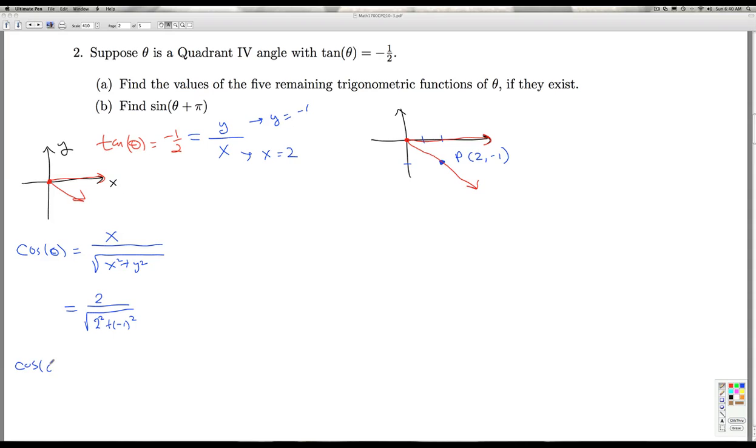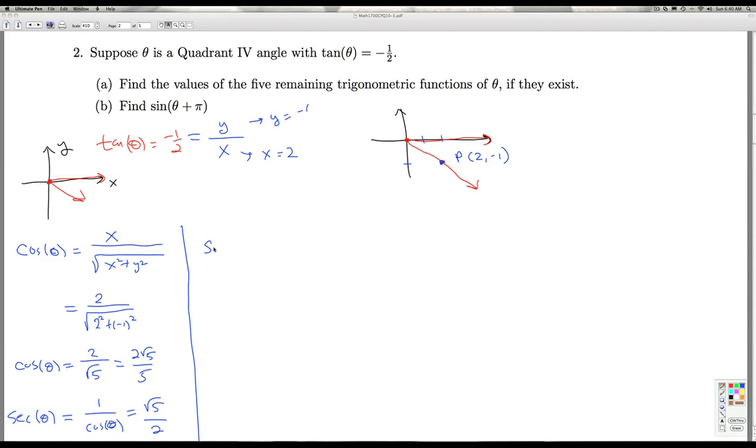This gives me the cosine of theta is 2 over the square root of 5, which once again you can rationalize to 2 square root 5 over 5. Once I get the cosine of theta, I can get the secant of theta, which is 1 over the cosine of theta. And if I'm going to flip this over, I might as well just flip that over to get the radical 5 where it needs to be, radical 5 over 2.